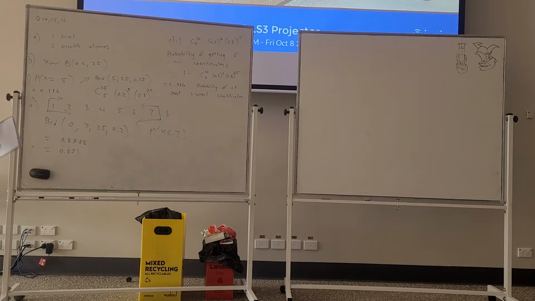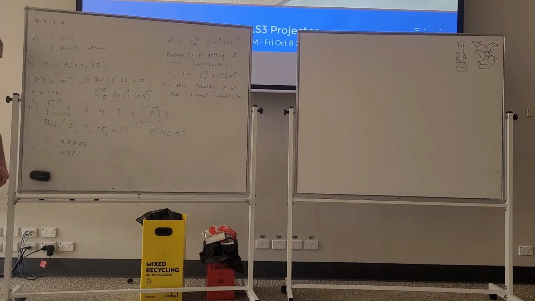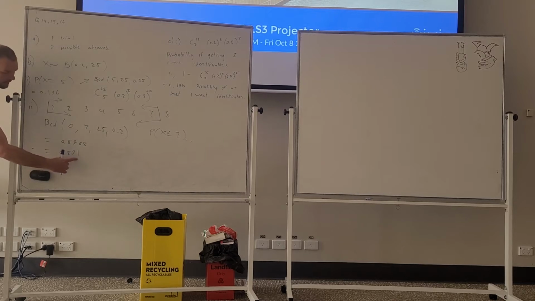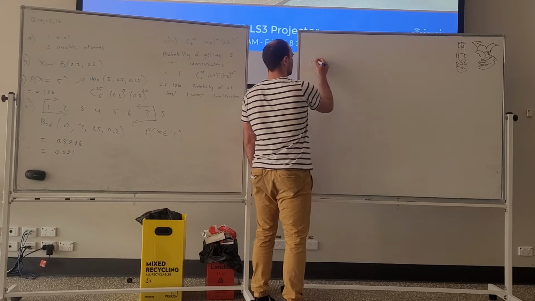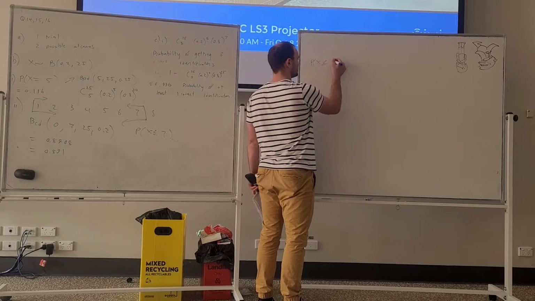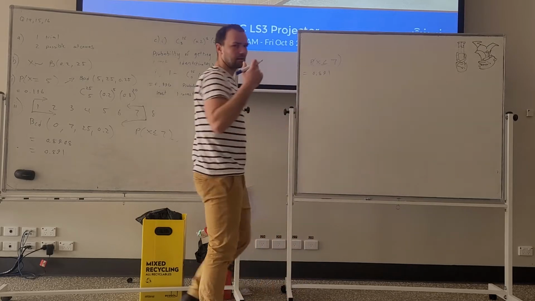So, what we can see here from this statement is that the probability of getting less than or equal to 7 correct is 0.891. So I want you to think about it like this.